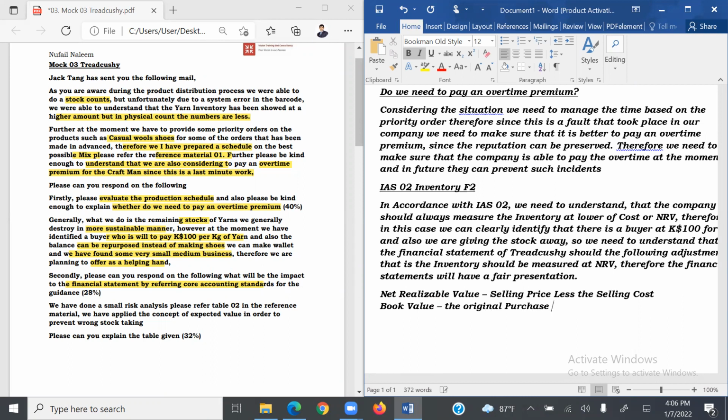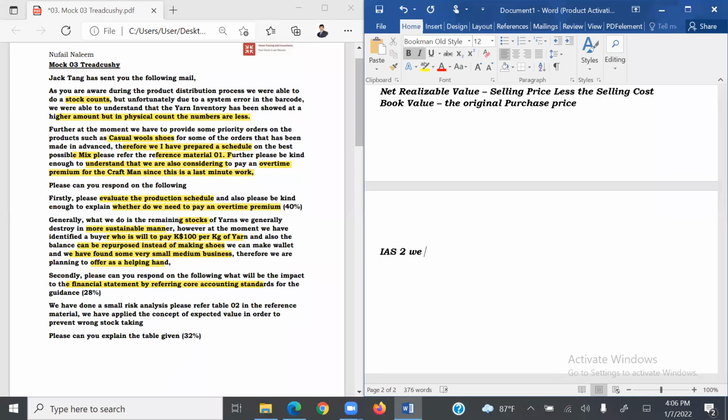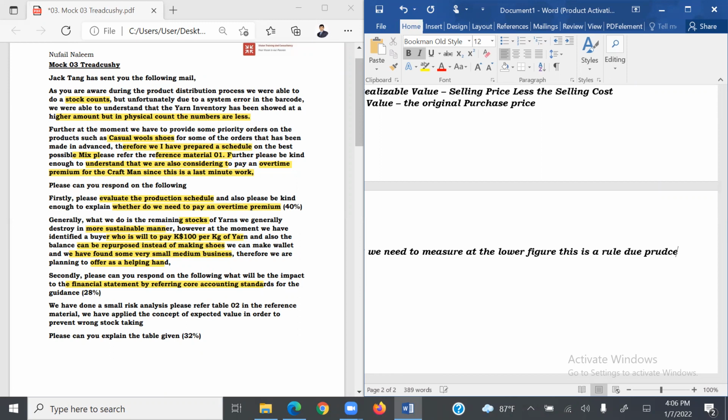Now, in IAS 2, this is a standard application: we need to measure at the lower figure. This is a rule, due to the prudence concept. This is the basic understanding.